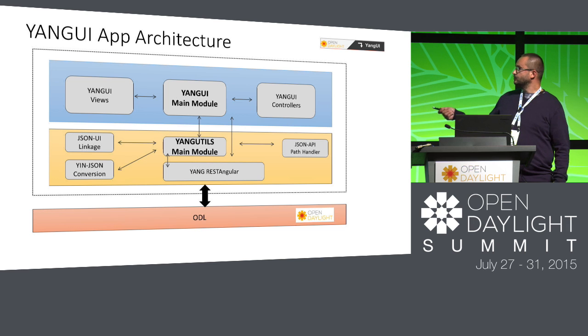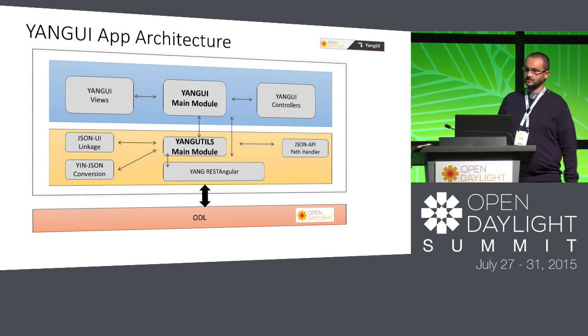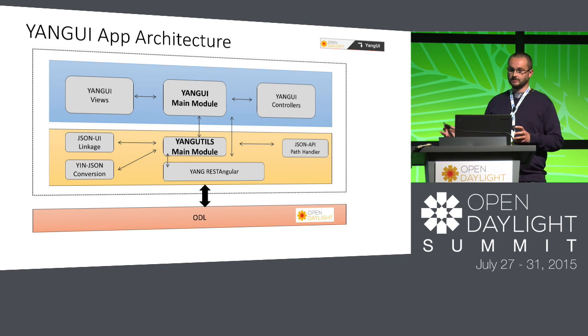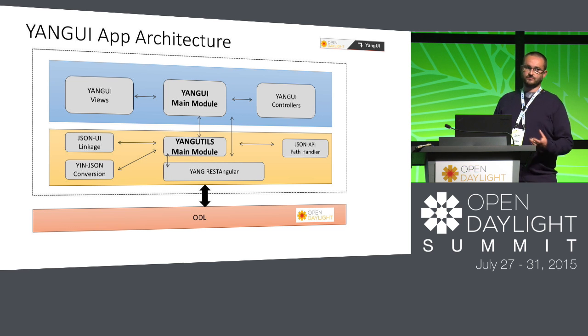One is the UI itself, which is just generating the form from the data and provides the interaction with the user. And the backend is a Yang utils library, which just reads the data from the controller, does some processing.